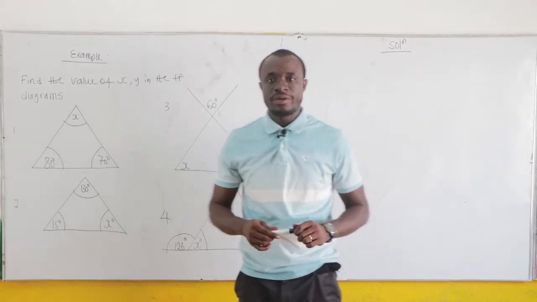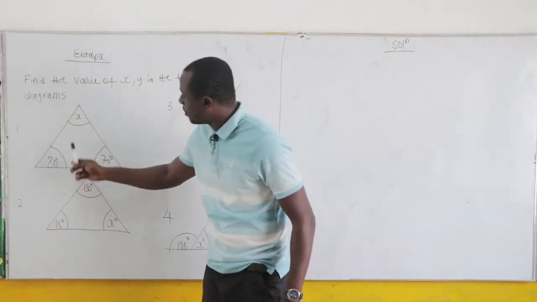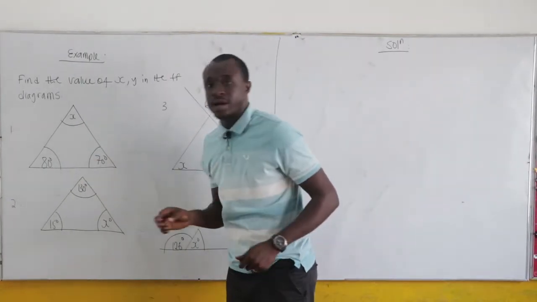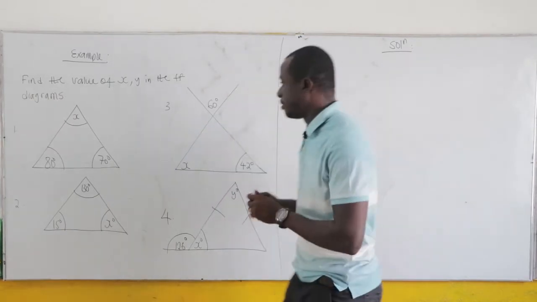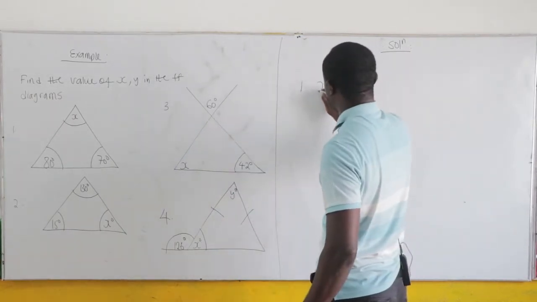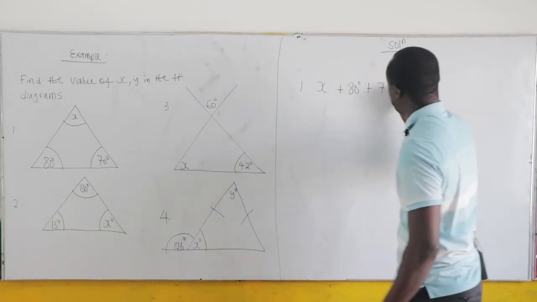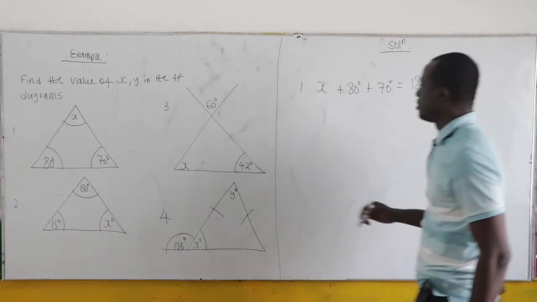Now let's consider the following examples. The first one: find the value of x, y in the following diagrams. One, we have x, 80 degrees, 70 degrees. Now this is a triangle, and the sum of angles in a triangle is equal to 180 degrees. Hence, x plus 80 degrees plus 70 degrees is equal to 180 degrees.